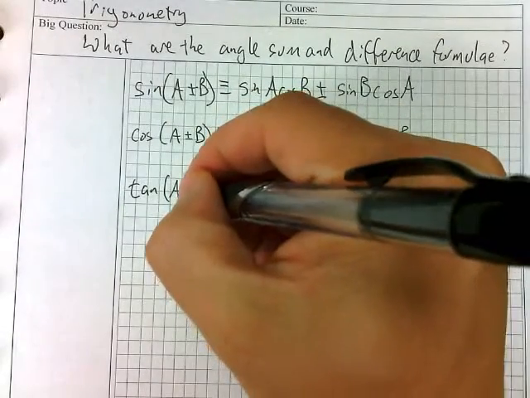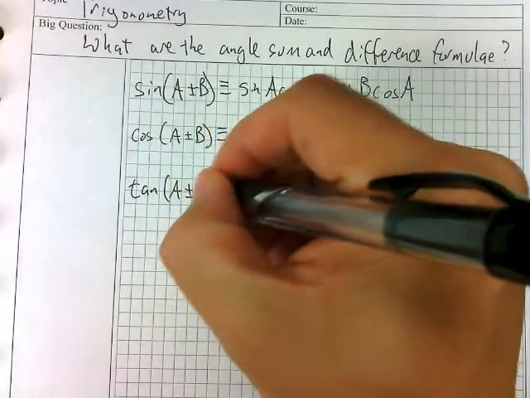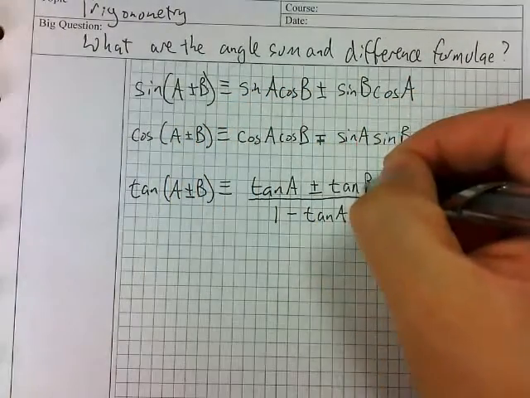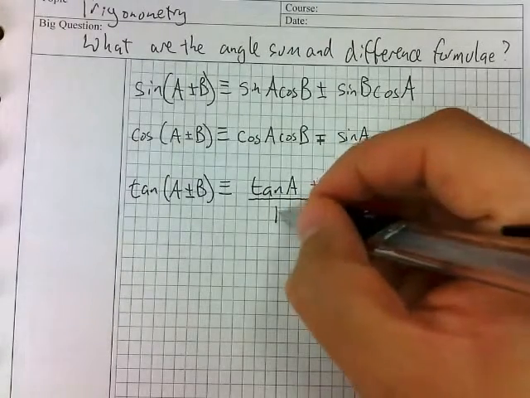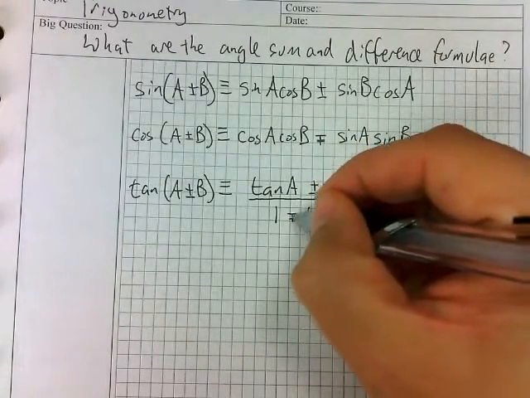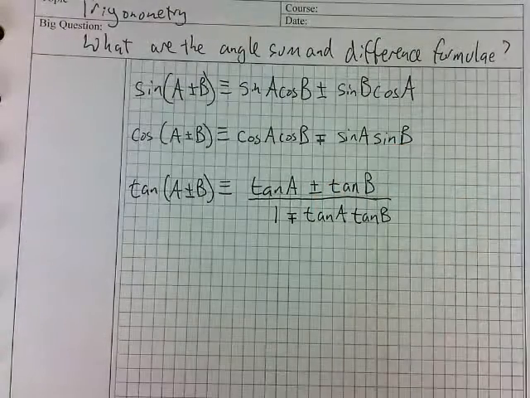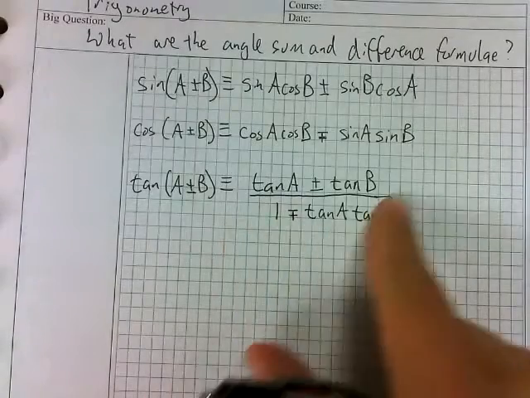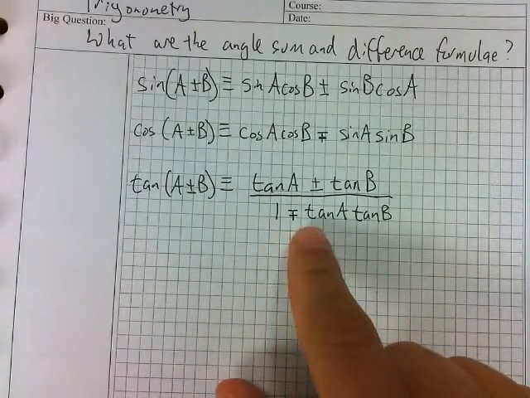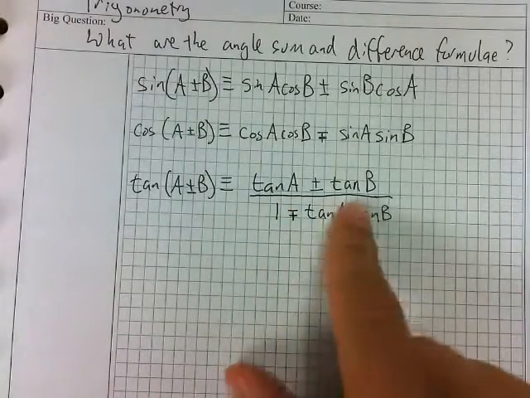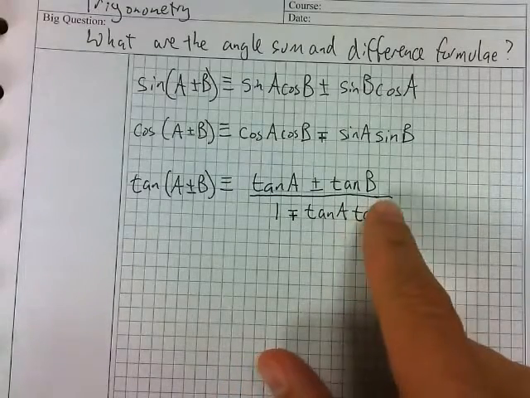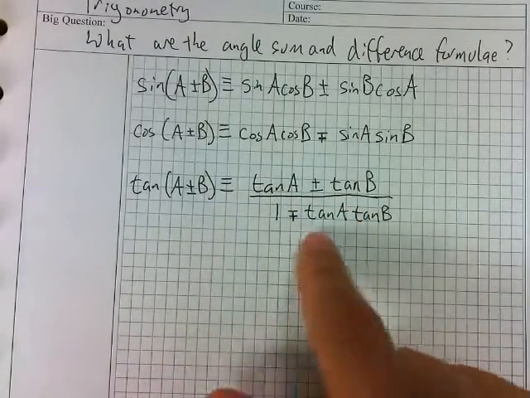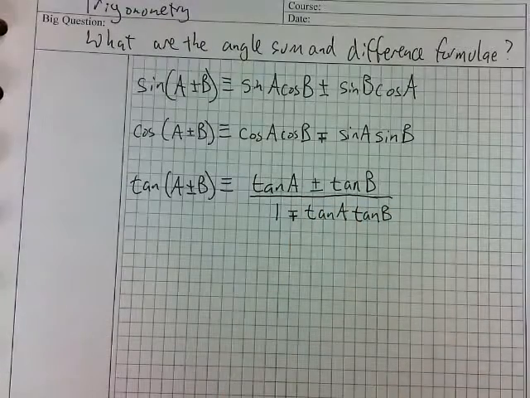So the subtraction rule, tan a minus b, will be tan a minus tan b, over 1 plus tan a tan b. Now notice that for this rule there are some domain limitations. We can't use any angle where tan a or tan b is undefined, and we can't have any values that make the denominator equal to 0.